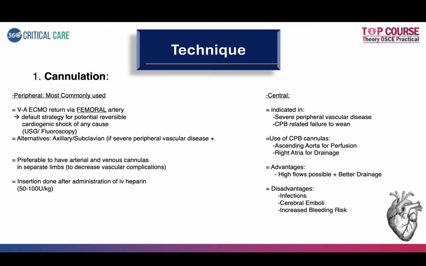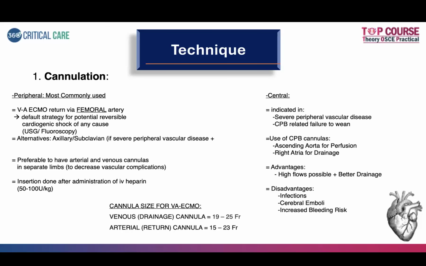The advantage is high flows are possible and better drainage is possible. But the disadvantages are if infections occur, it's going to be very fatal. There is a very high risk of cerebral emboli and there is going to be increased bleeding risk. And if at all the cannulas need to be removed, the patient needs to be again shifted to the operation theater and it has to be done. So this is also another important point to be noted.